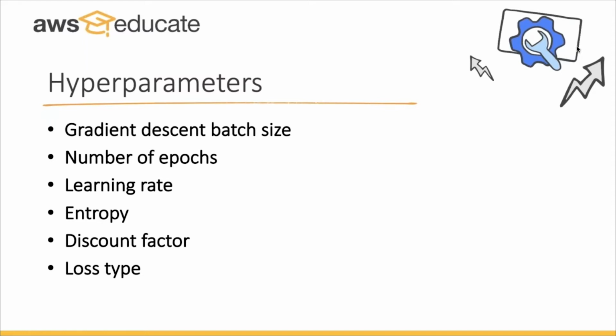And entropy is the degree of uncertainty used to determine when to add randomness to the policy distribution. Moving on to discount factor. Discount factor specifies how much of the future rewards contribute to the expected rewards. Lastly, loss type. Loss type is a type of the objective function used to update the network weights.